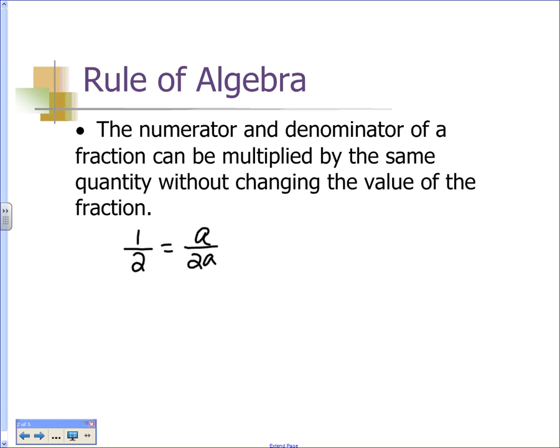Just added an a to the 1. 1 times a is just a. 2 times a, 2a. You could also make it 10 over 20. Same thing, right? Whatever you do to the numerator, you have to do to the denominator.